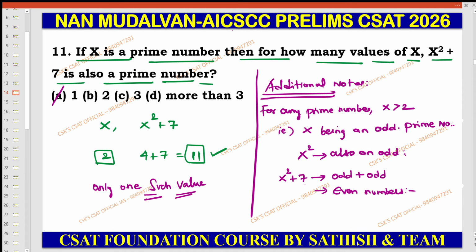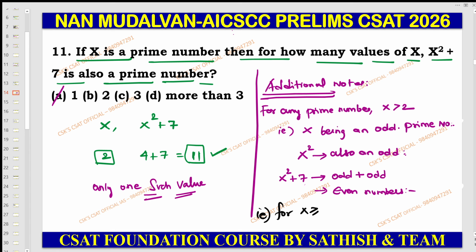That is, for x greater than or equal to 3, in this condition, x square plus 7 becomes a composite number in all the cases.